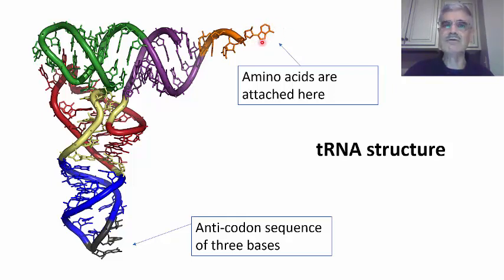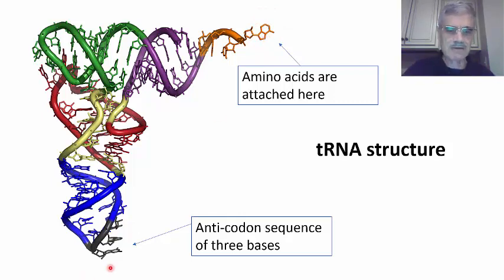That is, it's bonded to a position here. And the amino acid will then react with the growing string of amino acids, the growing polypeptide, to extend that polypeptide by one more amino acid. So essentially this amino acid will become attached to the growing polypeptide chain in the process.